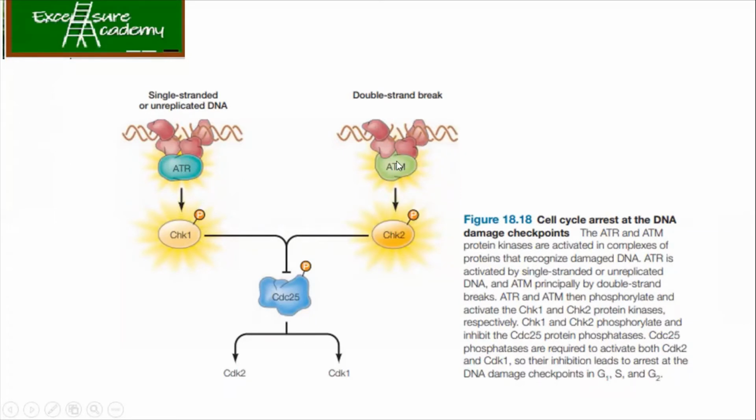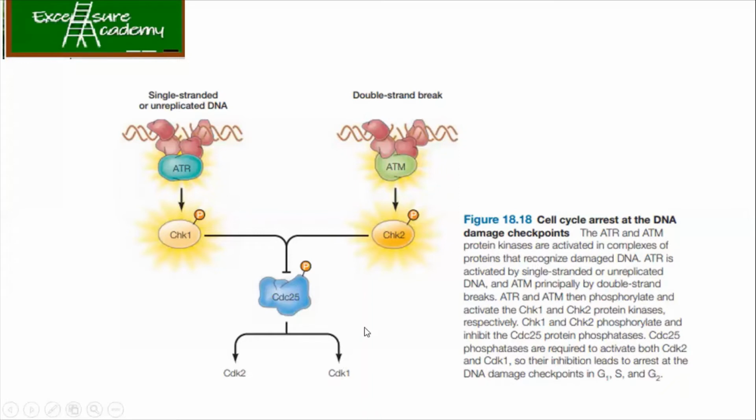These ATR and ATM are the protein complexes which activate your Chk1 and Chk2. What are Chk1 and Chk2? Checkpoint kinases, right? Whether it is Chk1 or Chk2, because of single-stranded or double-stranded damage, in both cases CDC25 is getting inactivated. And CDC25 will then inactivate CDK2 and CDK1. Okay? This is the meaning.